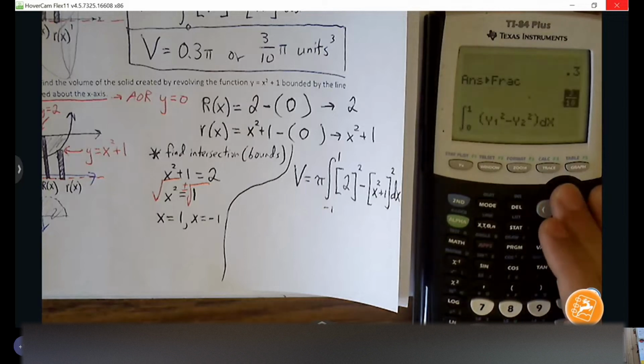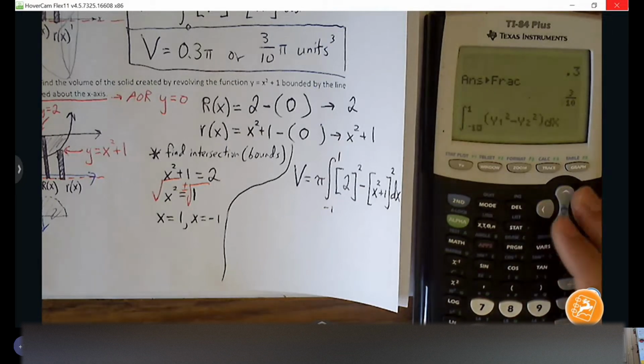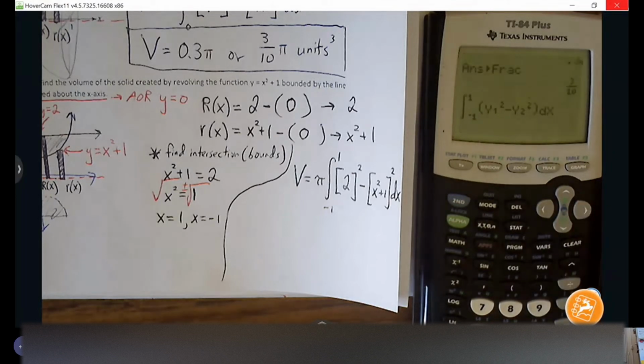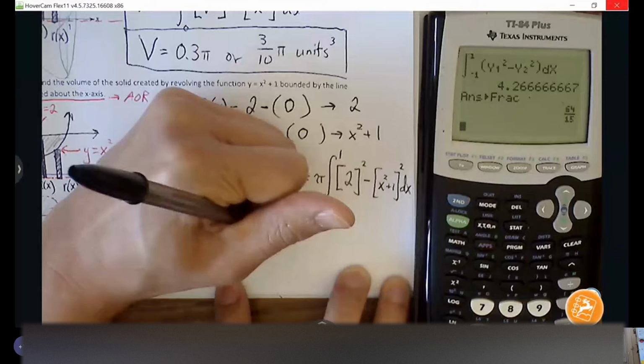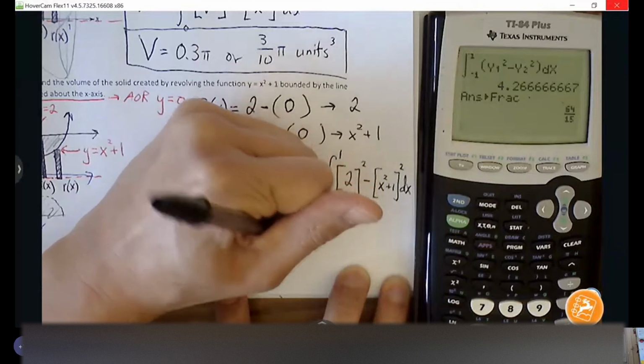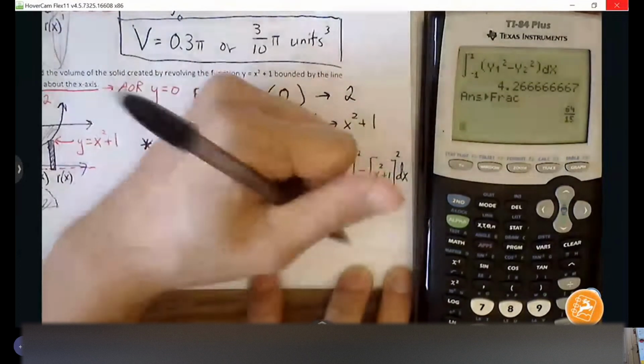You can just scroll up to when you last used it, hit enter, and we just have to go back and change our bounds. I want to go from -1 to 1, but everything's already set. Hit enter again. Saves a lot of time that way. Try to make it into a fraction. It does, and I prefer the fraction because it is more exact than the decimal. Don't forget pi, and then units cubed.